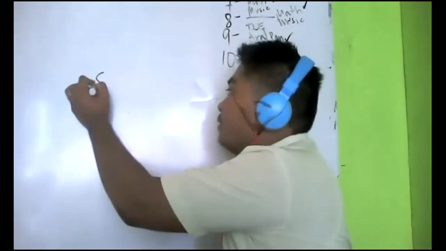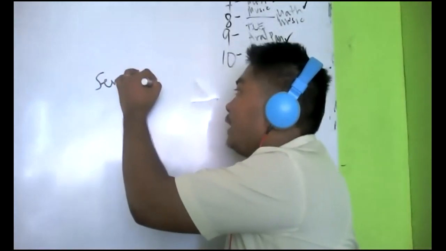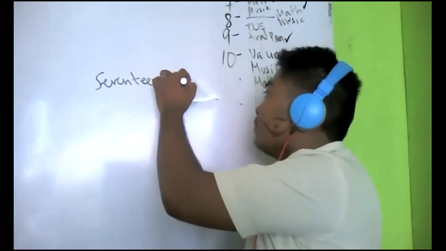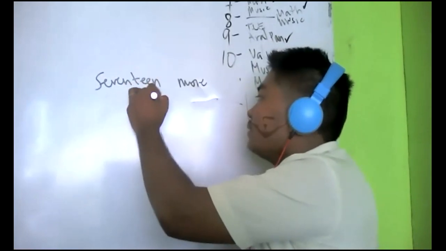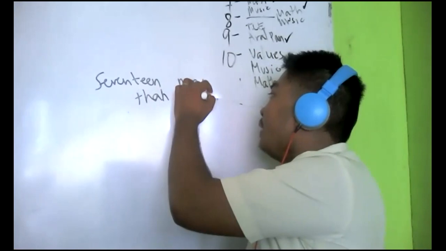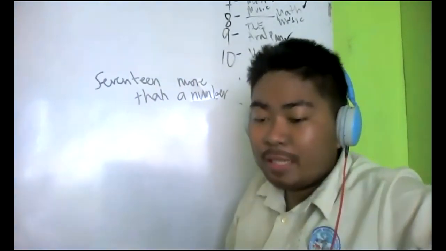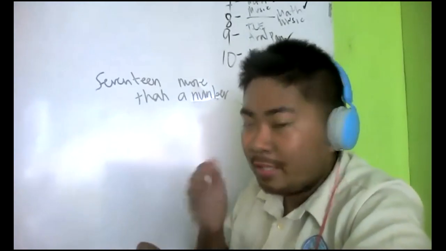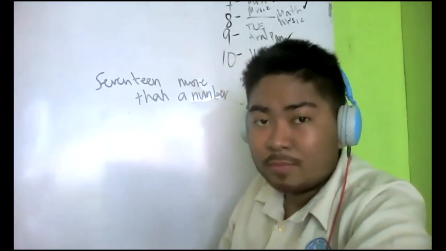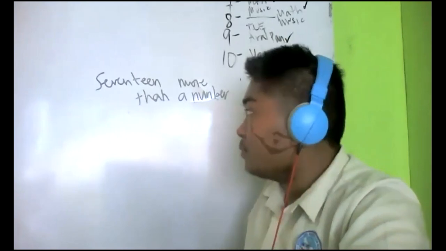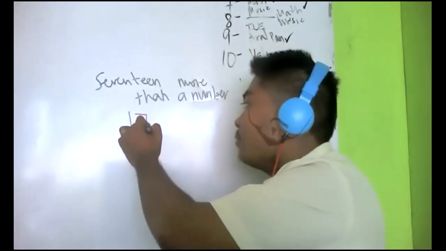Ito. Let's try this one. 17 more than a number. What would be your answer? So, who wants to try to give me the mathematical phrase for this? 17, then you have the more than, then a letter.